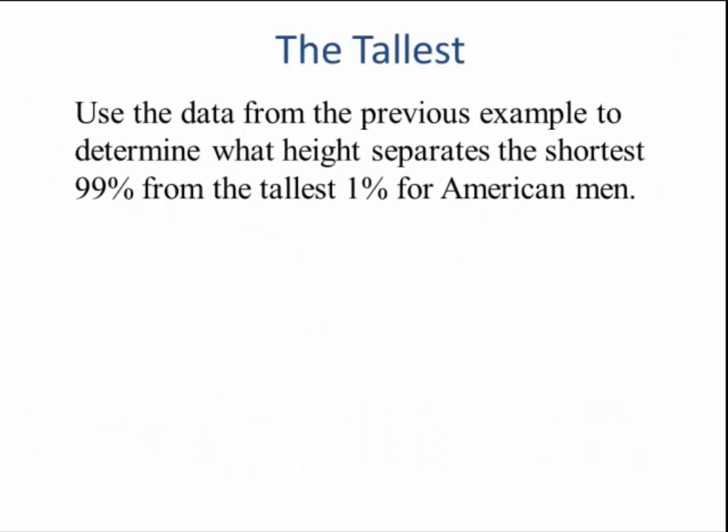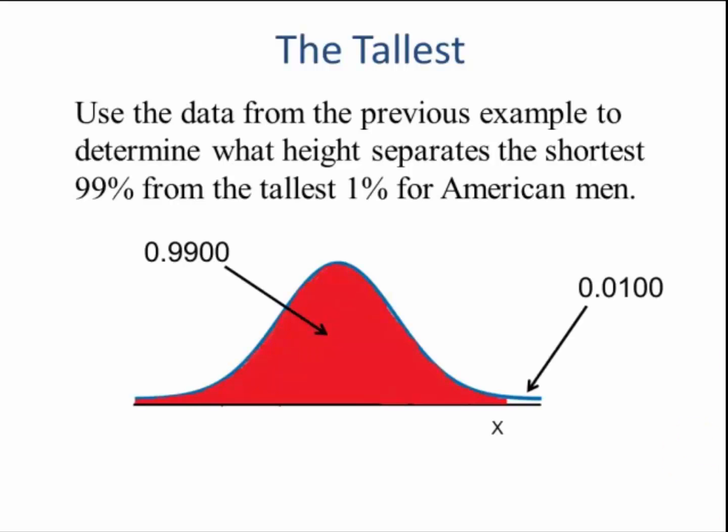Using the data from the previous example, determine what height separates the shortest 99% from the tallest 1% for American men. If we draw a picture, what we're wanting to find is the value, the height, where the area to the left is 99% or 0.9900. So we're going to look in table 5 for the closest thing to this value.